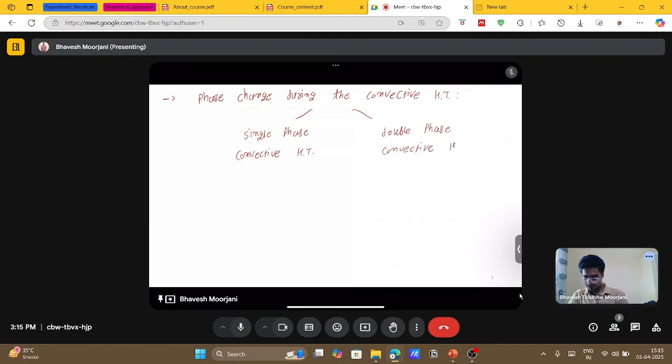Now again, as its name says, you can directly draw the parallel from the name itself: in single phase convective heat transfer, no phase change will occur.